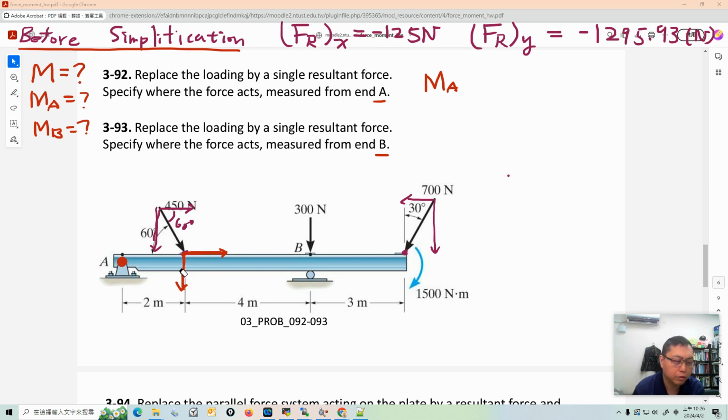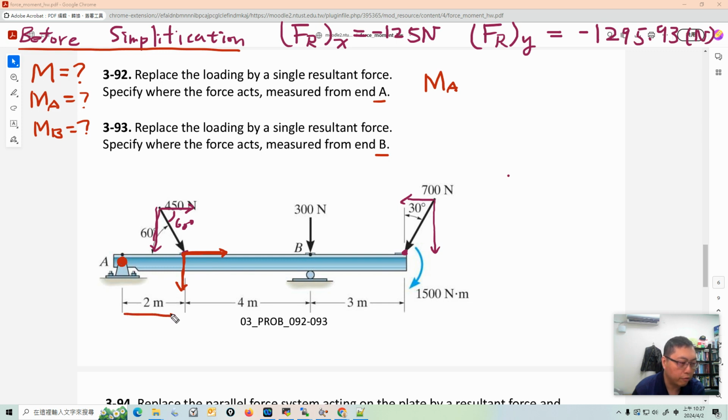I think I mentioned this point in the previous example. Because the lever arm for this horizontal force is very small and we aren't given any information about the distance here, you don't have to calculate a moment from this horizontal force. So we only consider the moment from this vertical force.